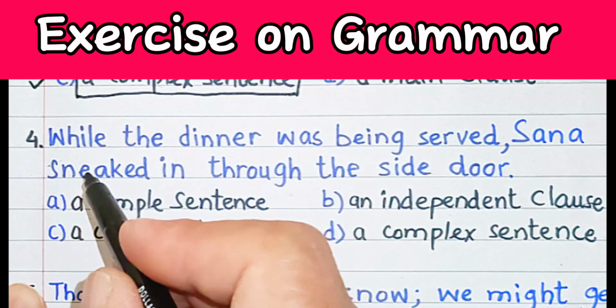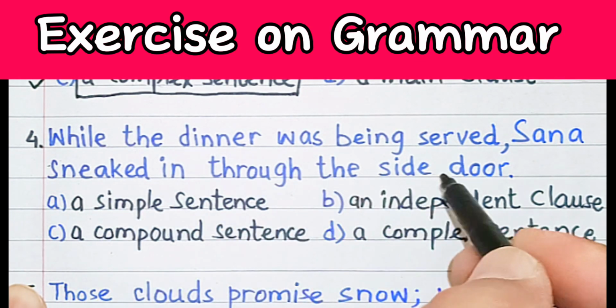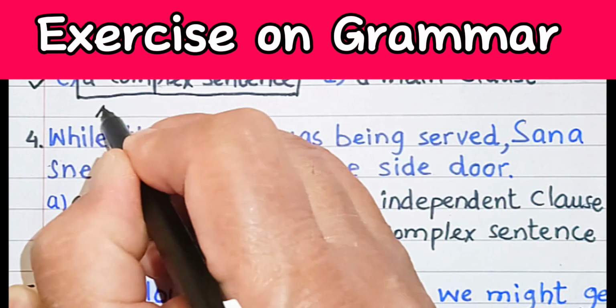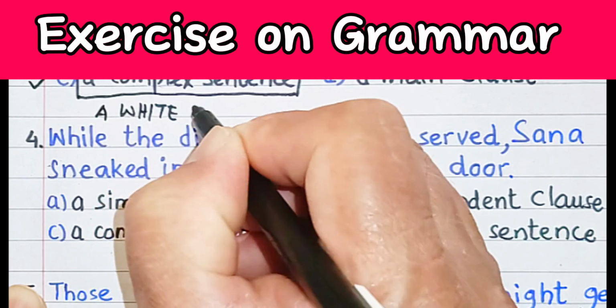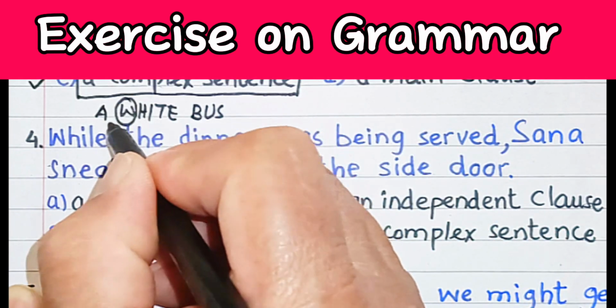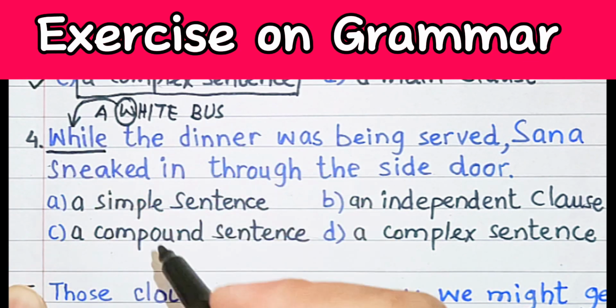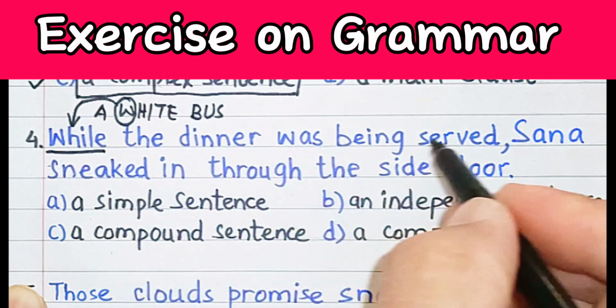Now sentence number 4, while the dinner was being served, Sana sneaked in through the side door. So again, over here we are going to employ that acronym, that is a white bus. So over here, W is being employed, this subordinating conjunction, that is W, representing while the dinner was being served.